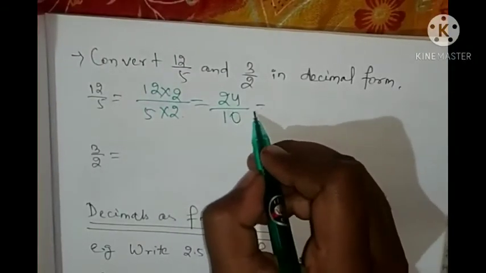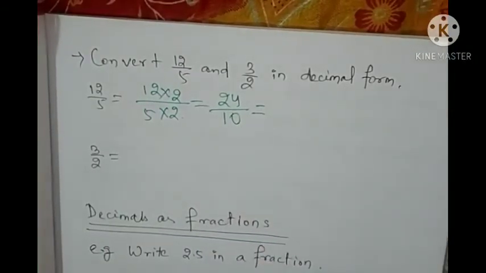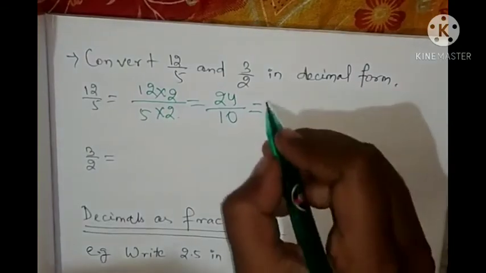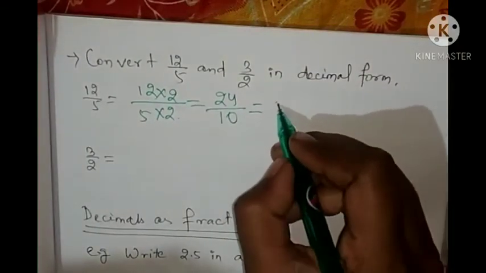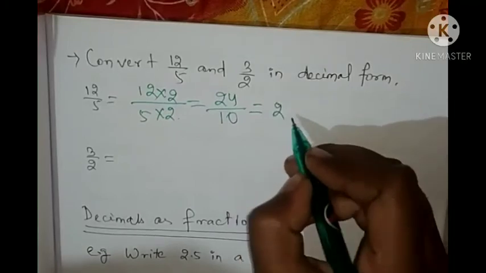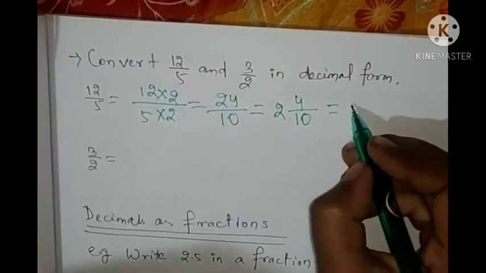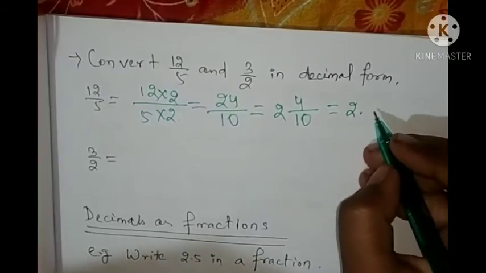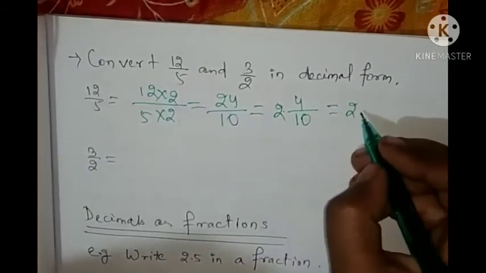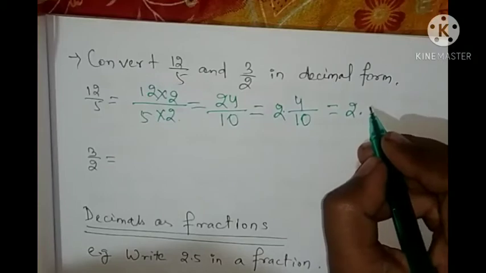So look here, 24 by 10. So what will you write? 2 and 4 by 10. So you can write 2 point 4, or you can write 2.4.